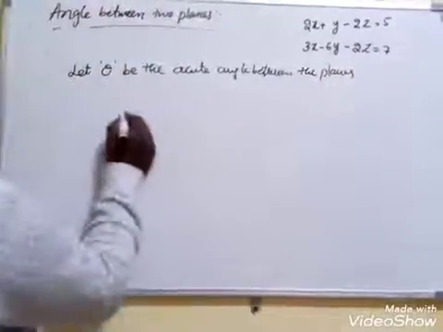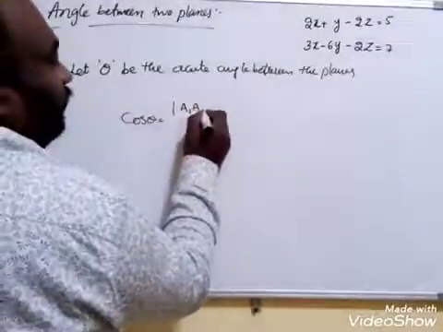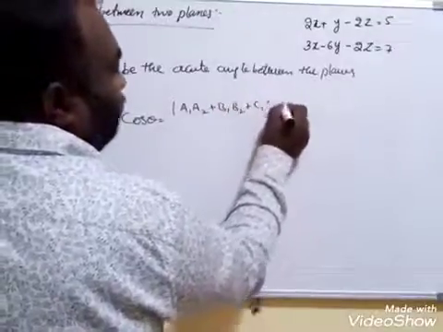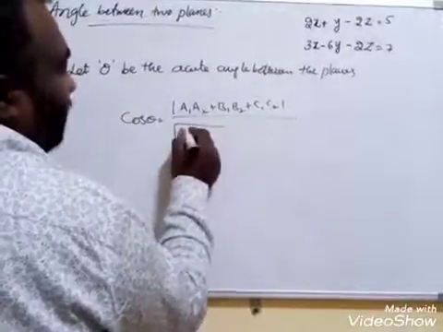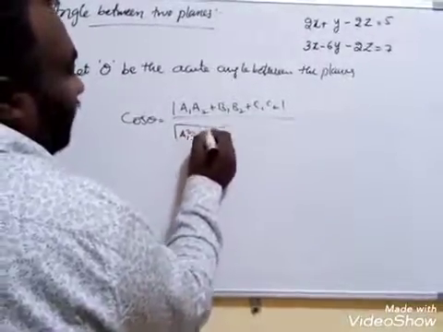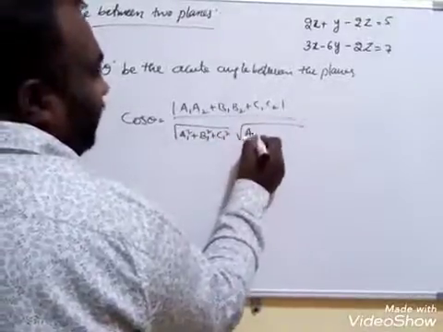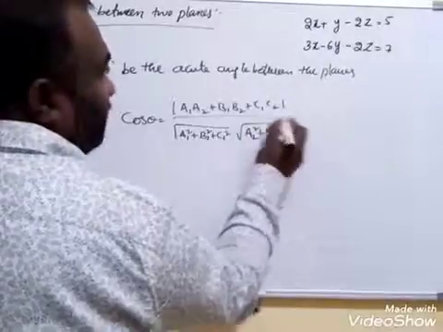Then what we are going to get? Cos theta is equal to modulus of a1 a2 plus b1 b2 plus c1 c2 by root of a1 square plus b1 square plus c1 square into root of a2 square plus b2 square plus c2 square. Now what we have?